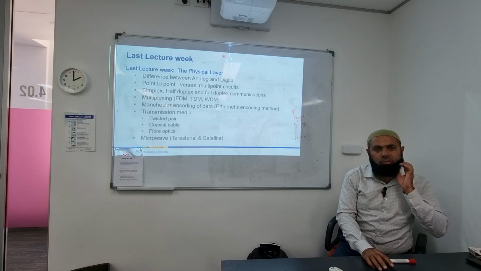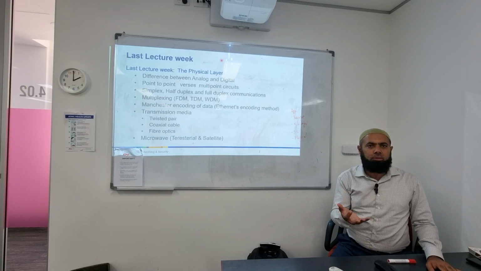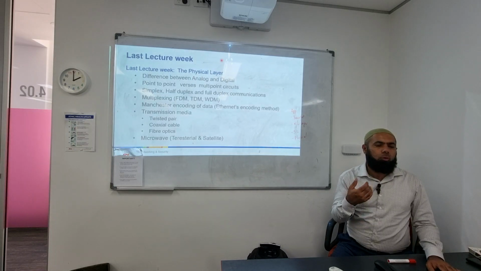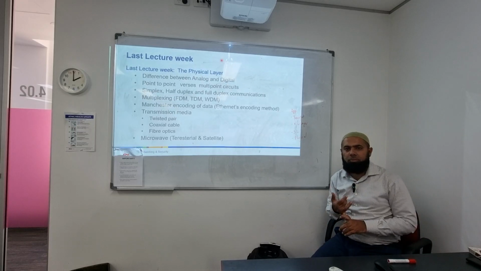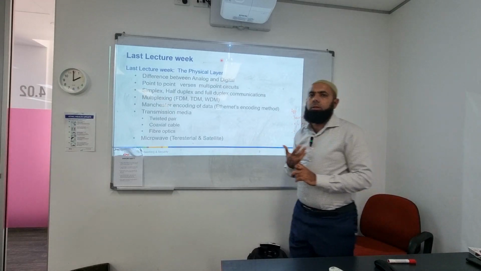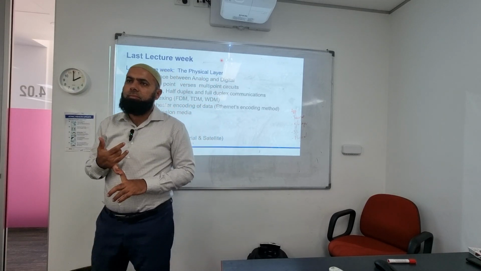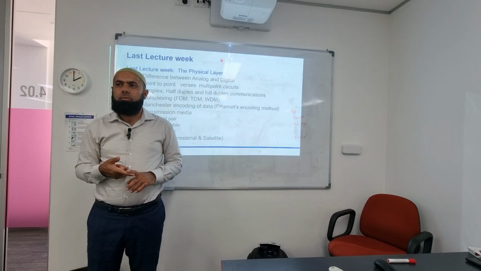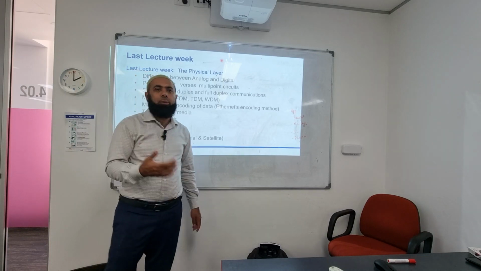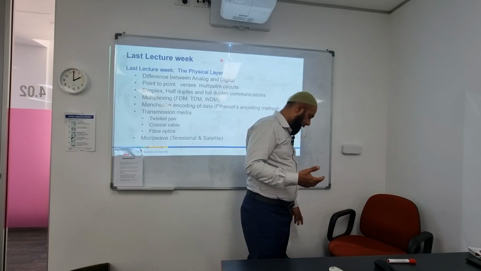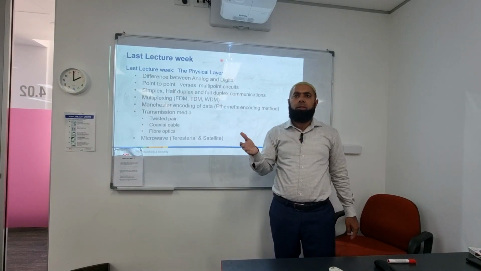So last week we learned about the physical layer, how our data is actually transmitted over the transmission media, which includes twisted pair, coaxial cable, optical fiber. What else? Terrestrial microwave. What else? Remember that? Satellite, infrared. So these are all different ways to send your data from one point to another point.